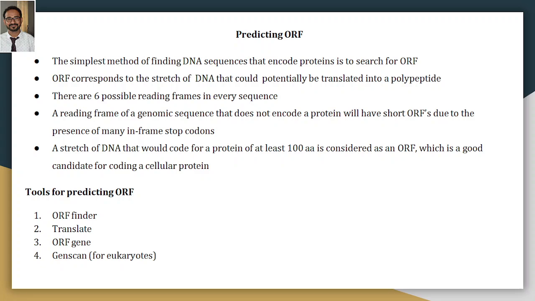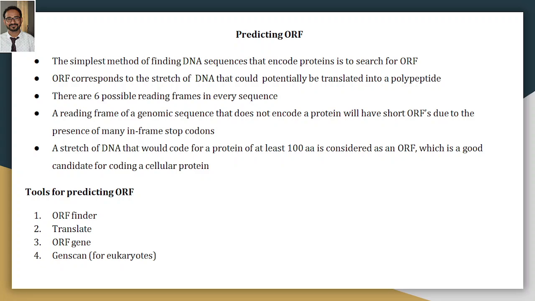The simplest method of finding DNA sequences that encode proteins is to search for ORFs. If an ORF is there, it is going to form a protein sequence. An ORF corresponds to the stretch of DNA that could potentially be translated into the polypeptide. That means we are going to get the protein out of it.